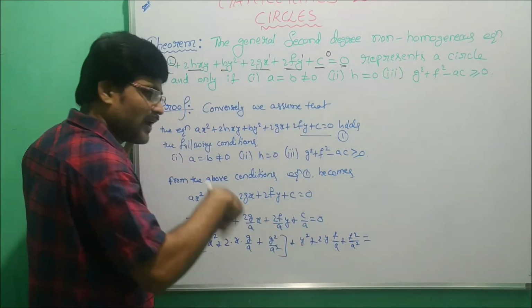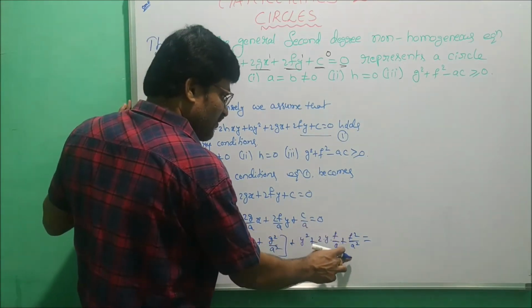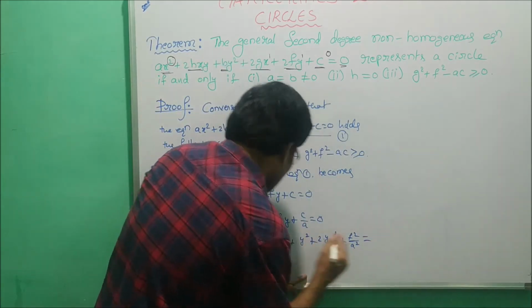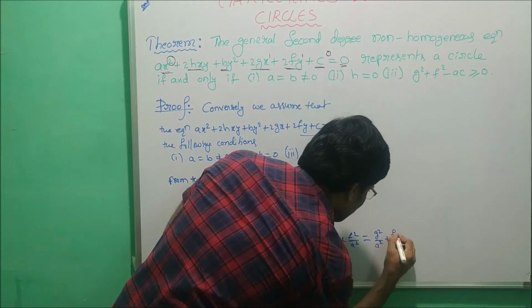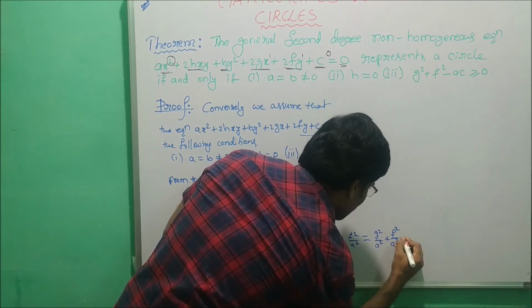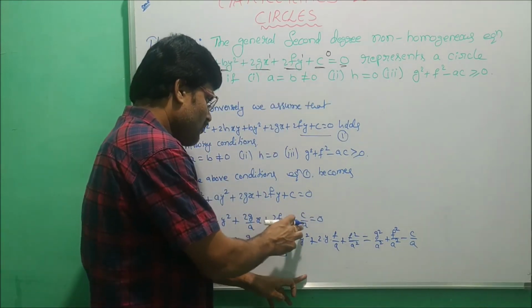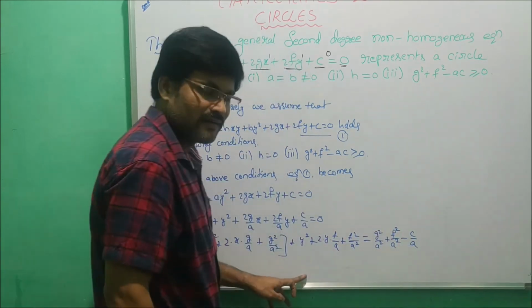Here we take c by a to the right side. Here we add g square by a square and f square by a square, and we take c by a to the right side. Now on the right side the values are g square by a square plus f square by a square minus c by a. Here it has a plus sign; now we take it to the right side, it has a minus sign.